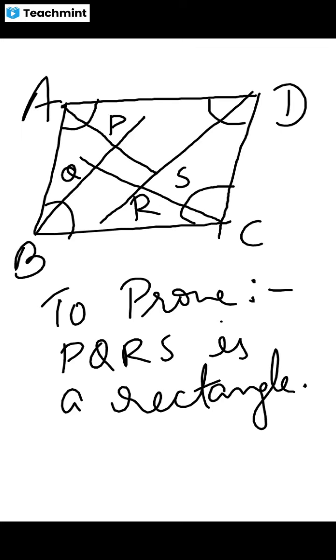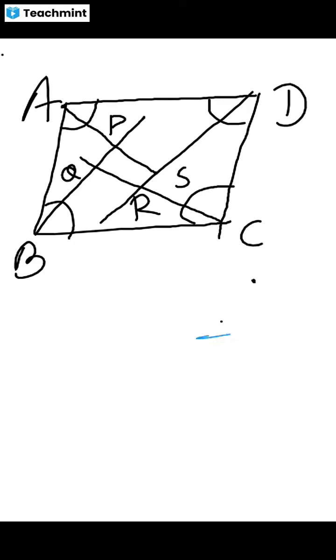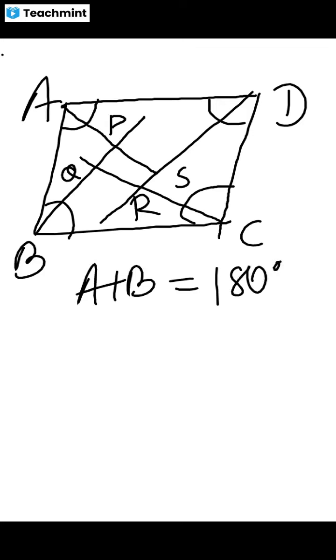To prove PQRS is a rectangle, first of all, angle A and angle B. Let me clean this. Angle A and angle B: simply I am writing A plus B is equal to 180 degrees by the property of parallel lines, because AD is parallel to BC and AB is the transversal.